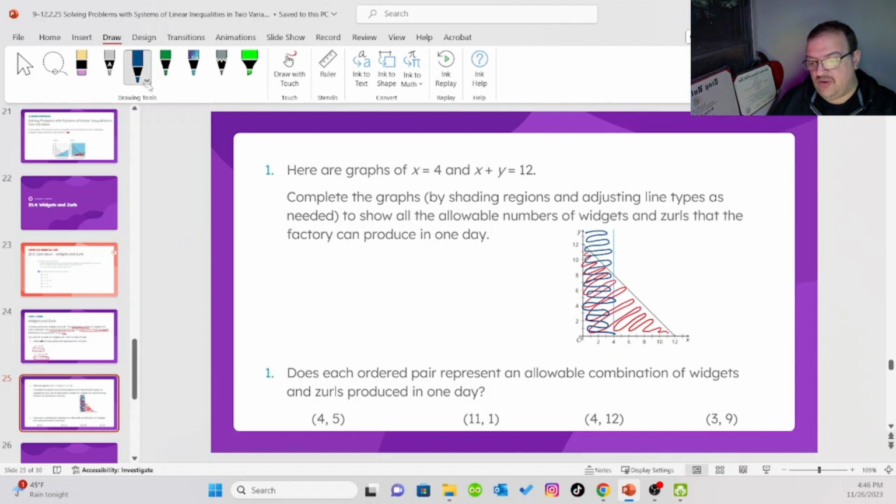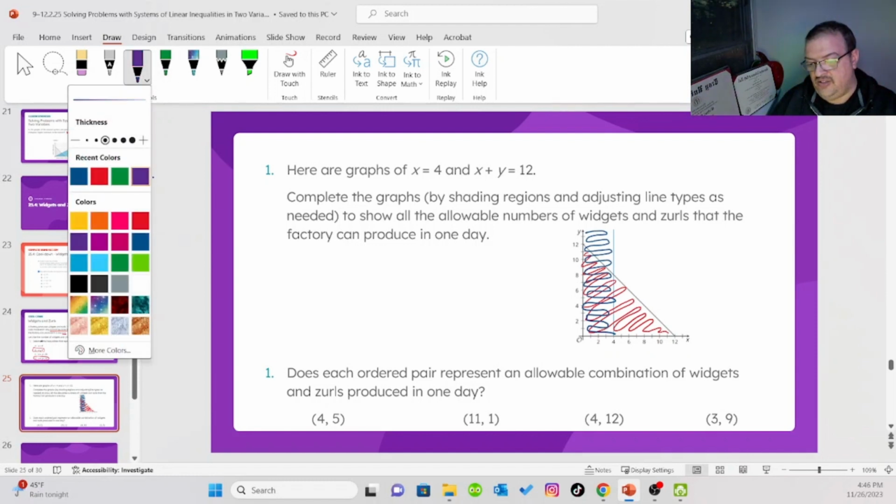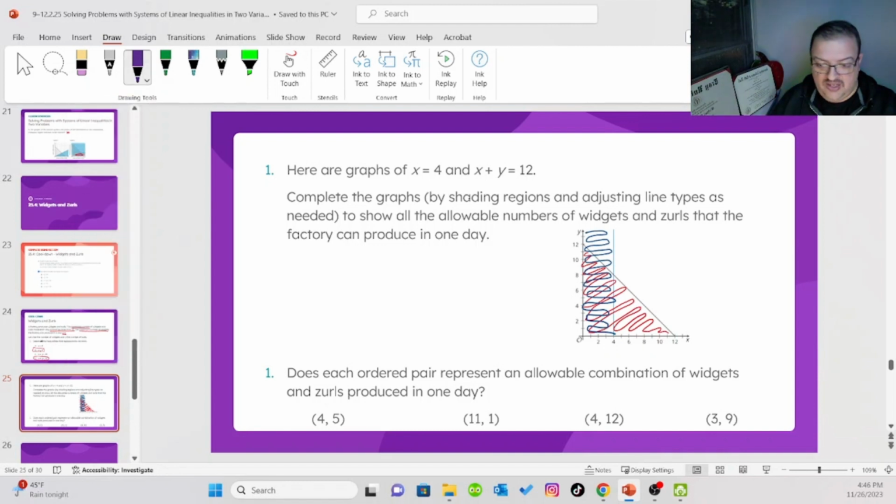So now our solution area is going to be the solid lines creating the double shaded area and everything in the double shaded area.